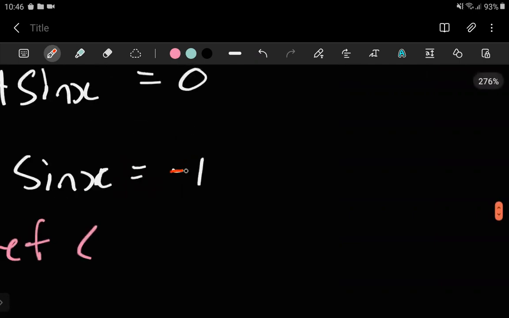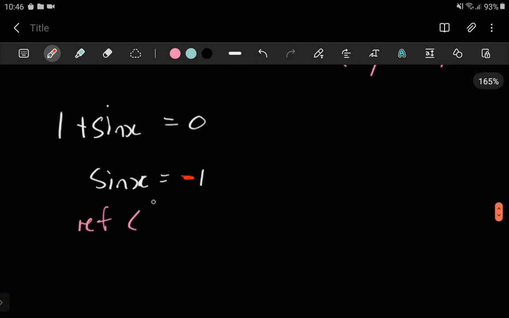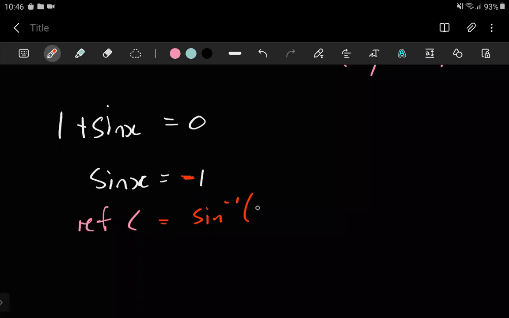And then this symbol here, only use it to work together with the reference angle. Our reference angle, you're always going to get it from taking this individual value without considering the number in front of it. In our calculator, shift sine 1 is going to give us 90. So the reference angle here is 90 degrees.